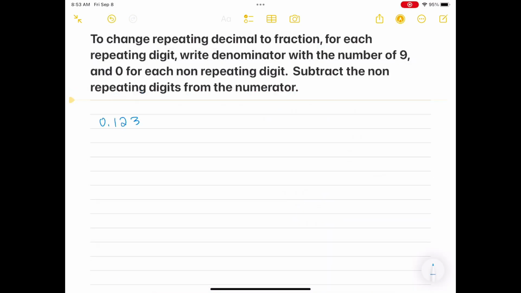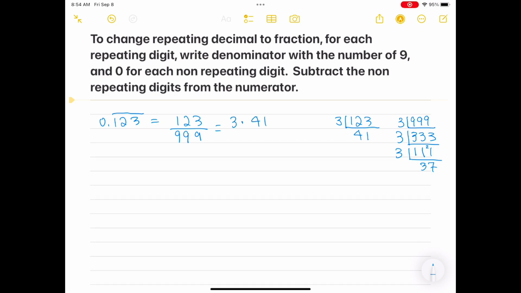The repeating decimal 0.123, in which 1, 2, 3 are repeating, we write the fraction as 123/999, so a 9 for each repeating digit. Next, we do the prime factorization for both the numerator and the denominator. So I use the shortcut division to find that 123 breaks down to 3 times 41, and 999 breaks down to 3 times 3 times 3 times 37.